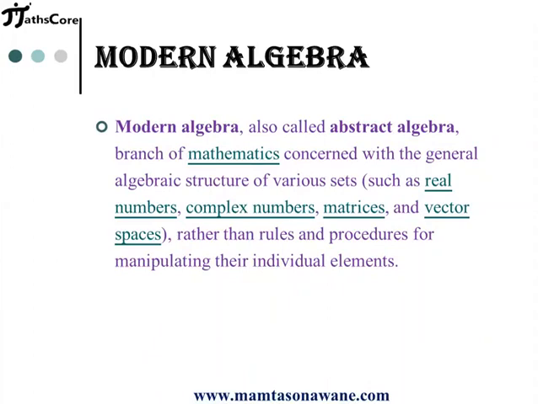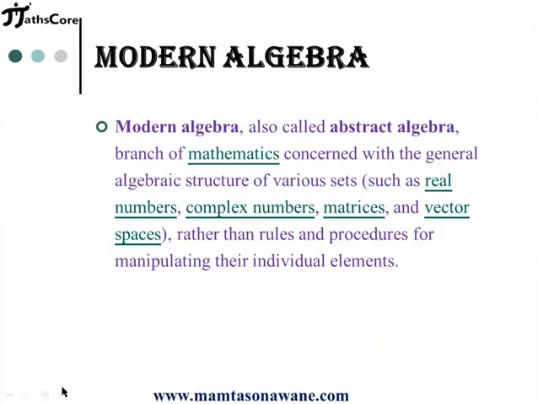This is the branch of mathematics concerned with the general algebraic structure of various sets such as real numbers, complex numbers, matrices, and vector spaces, rather than rules and procedures for manipulating their individual elements. It means we have to use real numbers, complex numbers, matrices, and vector spaces in this modern algebra. Okay. These concepts are also useful in 11 and 12 standard. So when you go to higher secondary school, you will easily understand this concept.